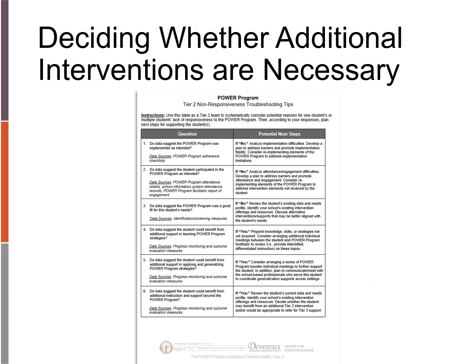The Data-Based Decision-Making Guide includes a resource entitled Tier 2 Non-Responsiveness Troubleshooting Tips. Use this table to help you consider the reasons why a student might not have responded to the POWER program and what you can do to follow up and further support this student.